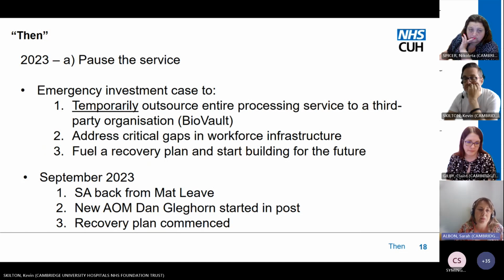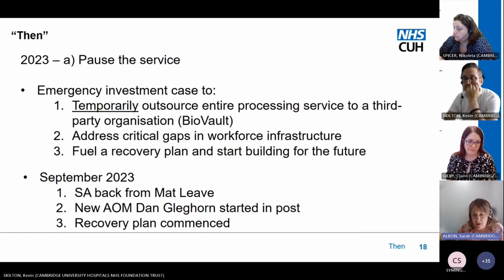The emergency investment case was primarily to fund this outsourcing at heinous cost, but also to address the critical gaps in the CCTL workforce infrastructure to enable the department to recover and also develop the workforce that we'd lost so suddenly. And in addition, to fuel this recovery plan and start building for the future.